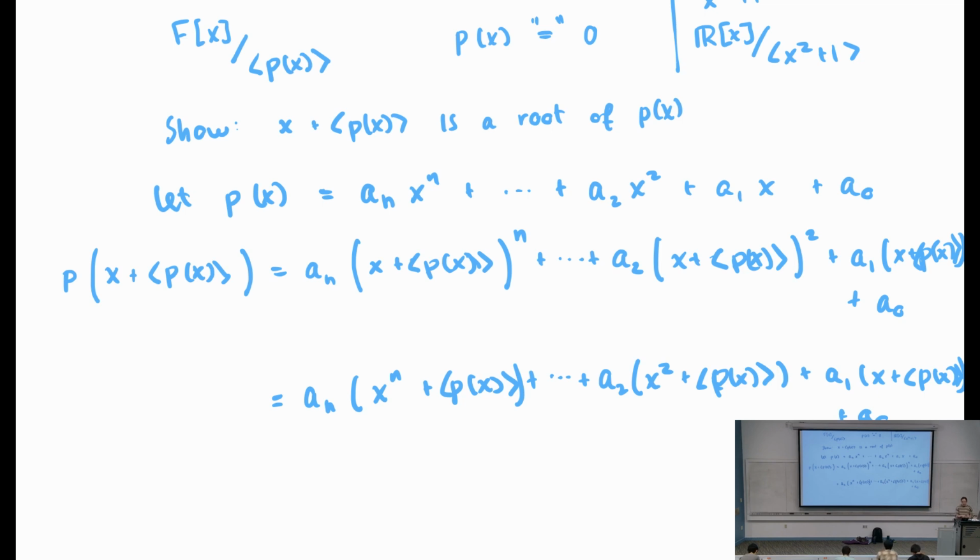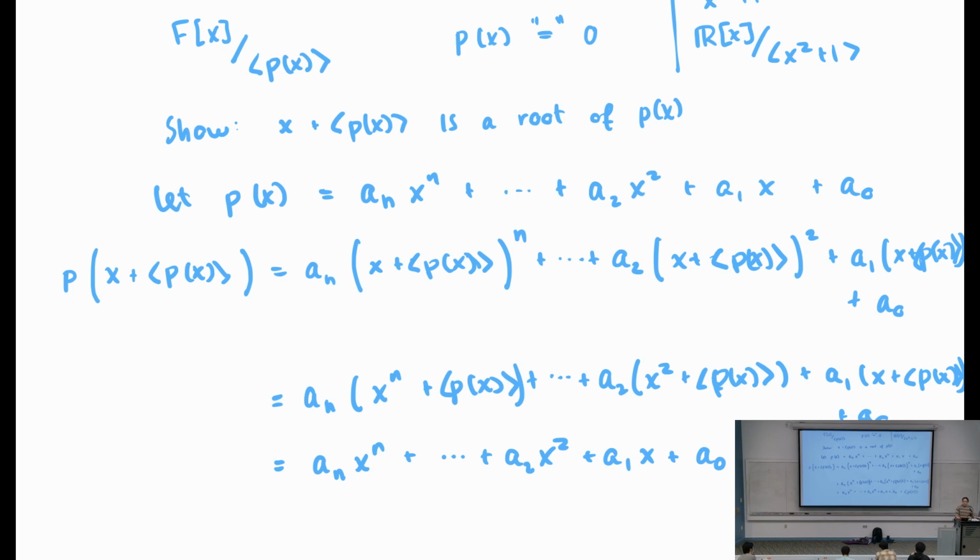Okay, so then we can bring these coefficients in and then also add up all of our px's. So this will become a_n x to the n plus down to a_2 x squared plus a_1 x plus a_0 plus px.